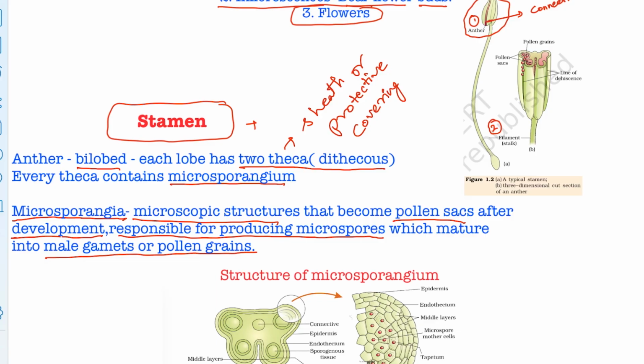And how are they developed? First, microsporangia is formed. Microsporangia then becomes pollen sac. Okay, so let me write here.